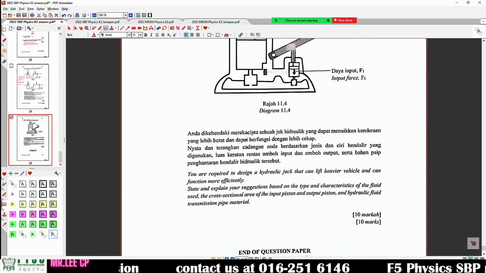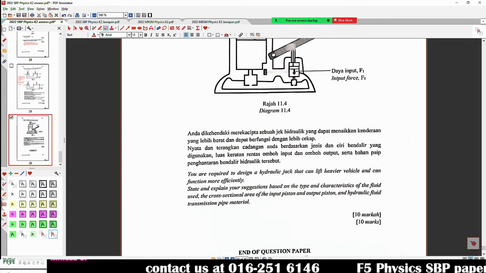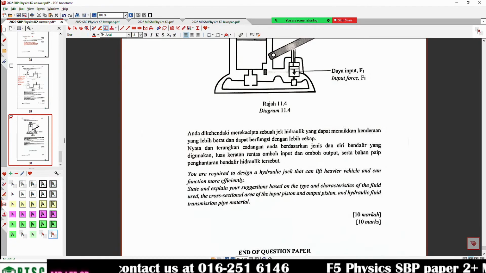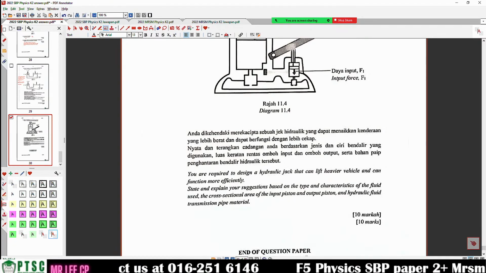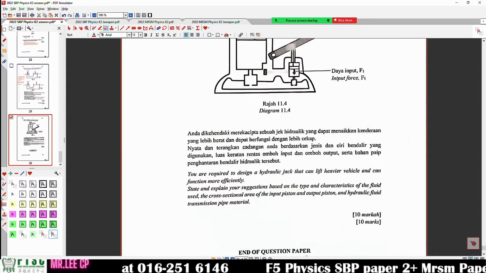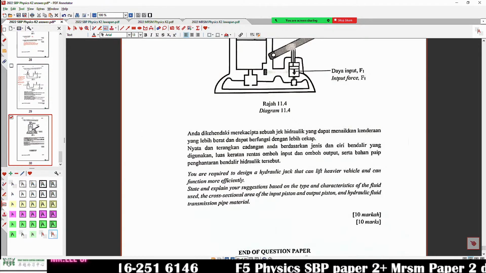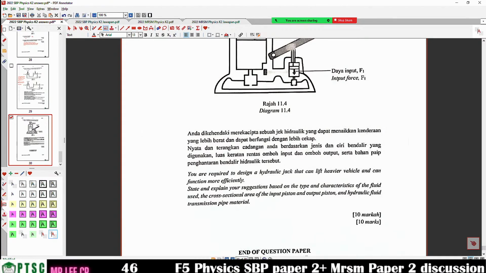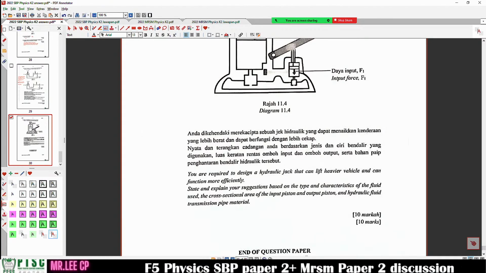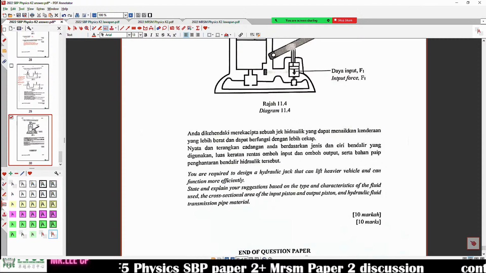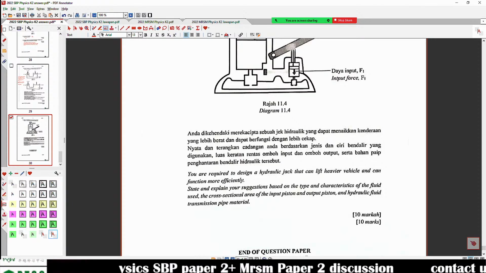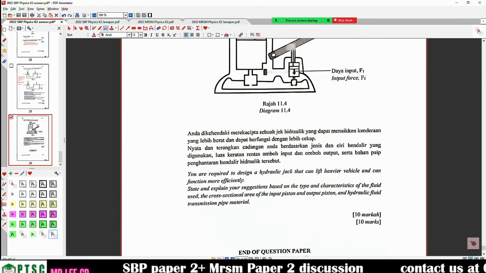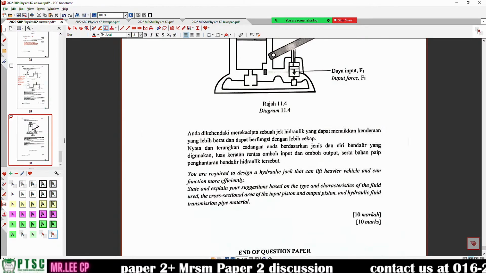Next one. Now you are going to design a hydraulic jack so that it can lift up a heavy vehicle more efficiently. Give your suggestion based on the type and characteristic of the fluid used, the cross-sectional area of input and output, and the hydraulic transmission pipe material.